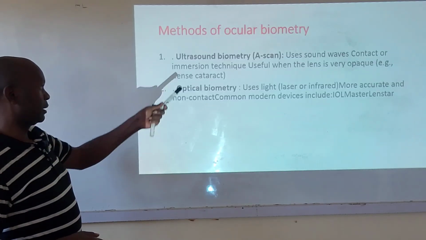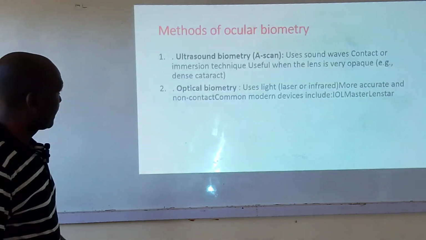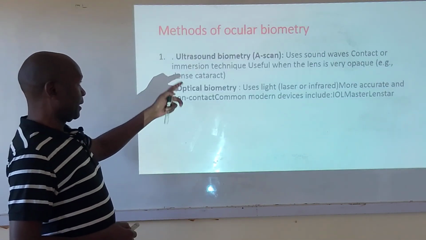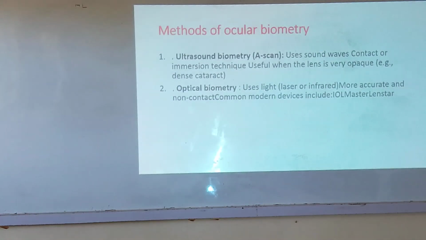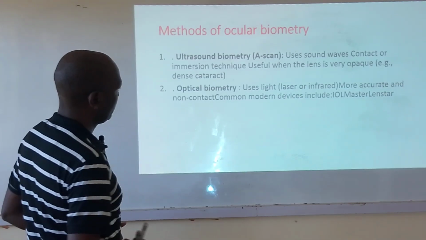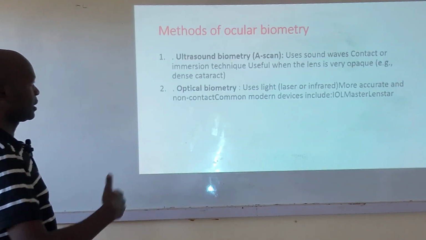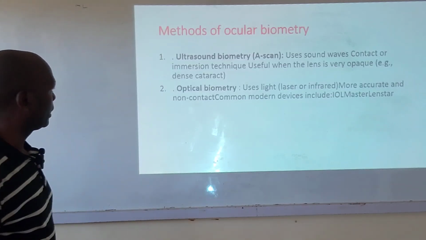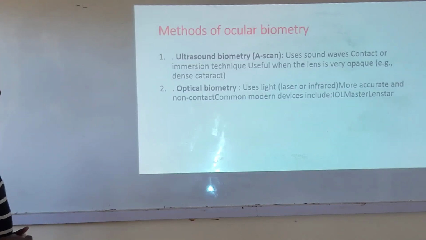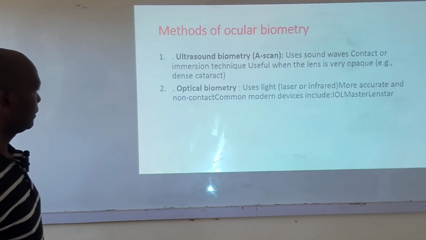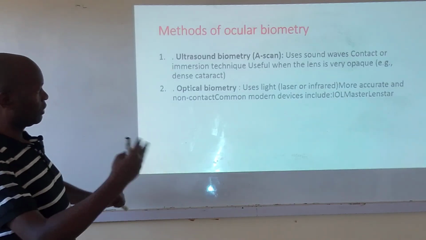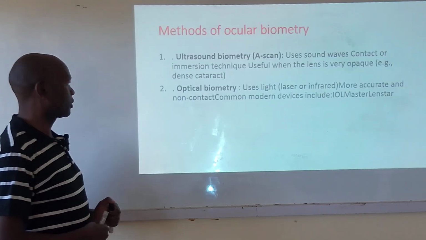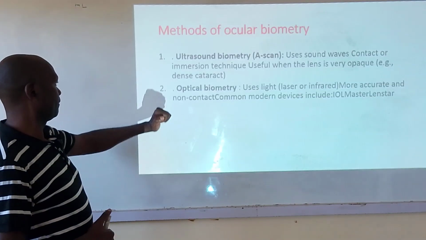It uses the immersion technique, useful when the lens is very opaque. When you can't see behind the lens, when you can't see the retina, then you can do an ultrasound biometry to help you evaluate what is happening in the posterior segment of the eye.